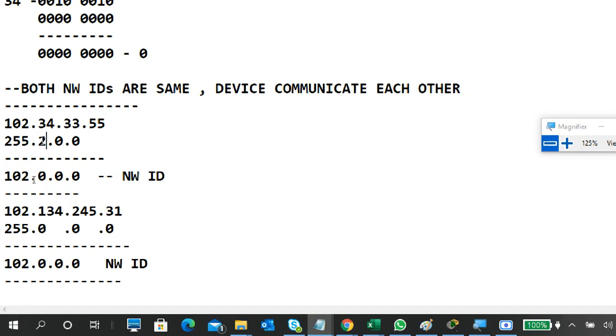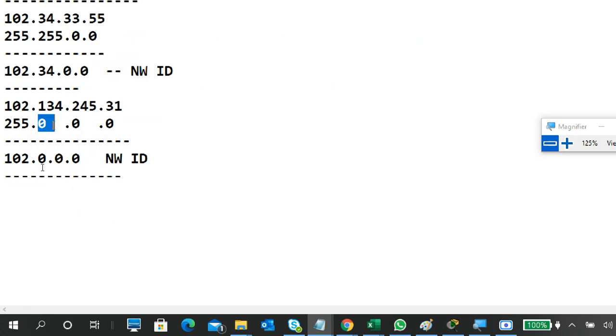Now I change my subnet mask. What is the network ID now? 102, 34, and you will get 255 here. Now the network ID is changed. Here also I'm changing to 255.